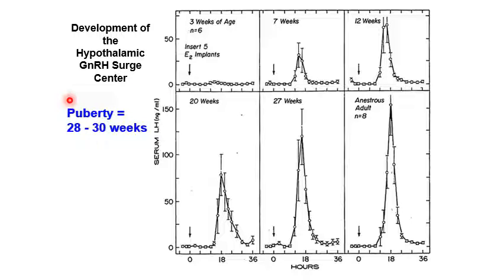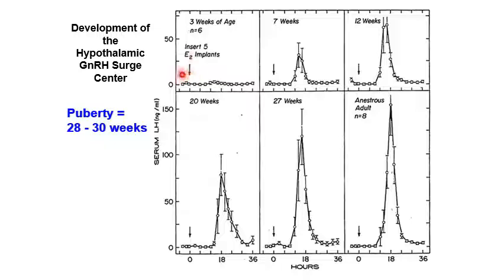If we look over time by administering the estradiol implant, even though they do not have ovaries because they are ovariectomized, they eventually develop the ability to release GnRH and LH way before puberty. So again, the puberty in these animals occurs at about 28 to 30 weeks.